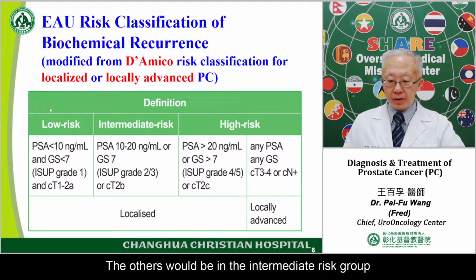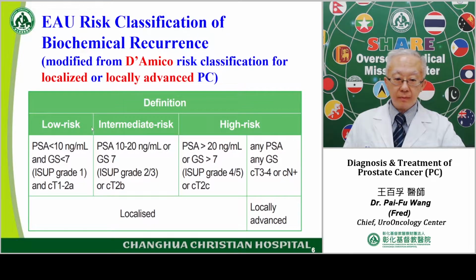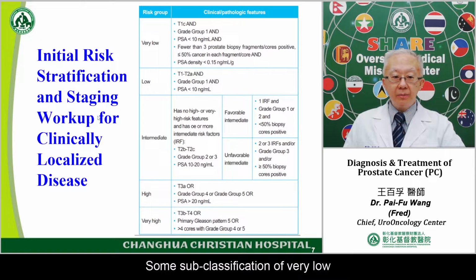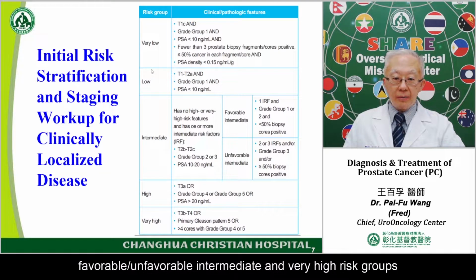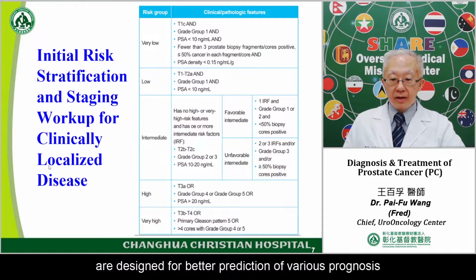And the others will be in the intermediate risk group. Some subclassification of very low, favorable and unfavorable intermediate, and very high risk groups are designed for better prediction of various prognosis.